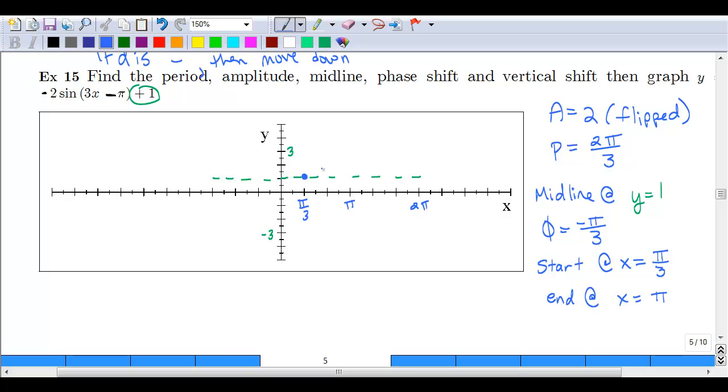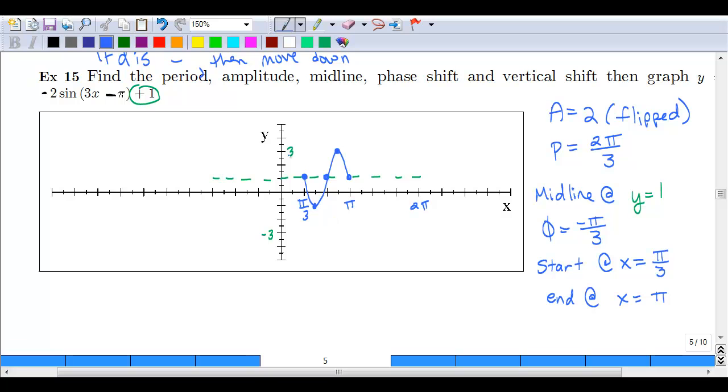So we're going to start there at our midline. We're going to go 2 below this midline. So 2 from that 1 would put us at -1. So at our quarter mark, we're at -1. Then we go back to the midline at the halfway point, not 0. Then we go up to 2 above. So 1 plus 2 gets us at a height of 3. And finally, we get back down to our midline to complete our first full cycle.